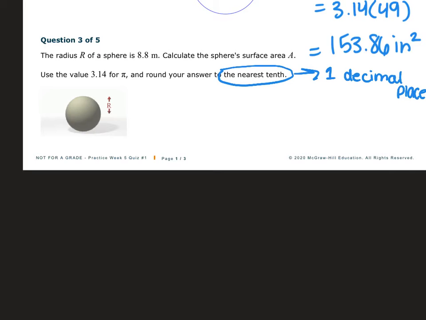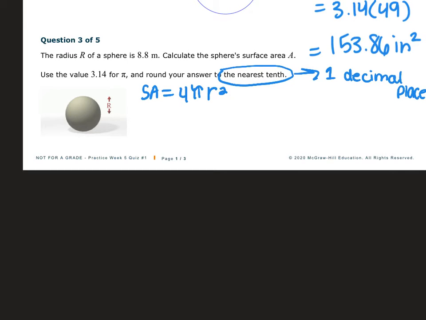Again, starting off with my formula. The formula for the surface area of a sphere, and this is why when you were working through all of these Alex topic paths, I had you put those notes in every day, to make sure you were writing down notes and writing down your formulas. So surface area is 4 times pi times the radius squared.